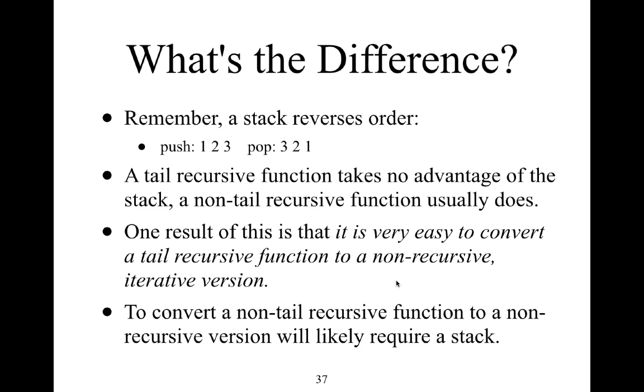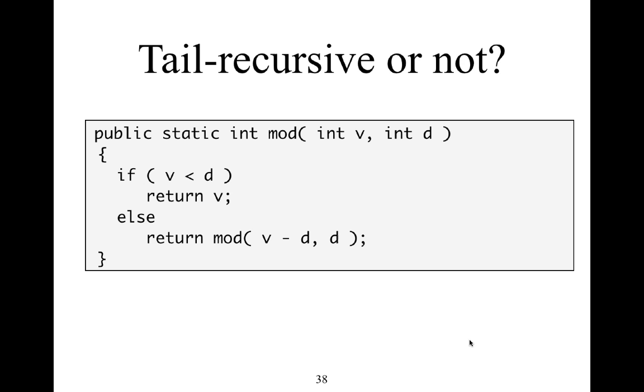But in terms of a compiler, it can actually generate code for a tail recursive function that is just as efficient as an iterative function, but has the elegance and the clean structure of a recursive function. So to convert a non-tail recursive function to a non-recursive function, in general, requires a stack.